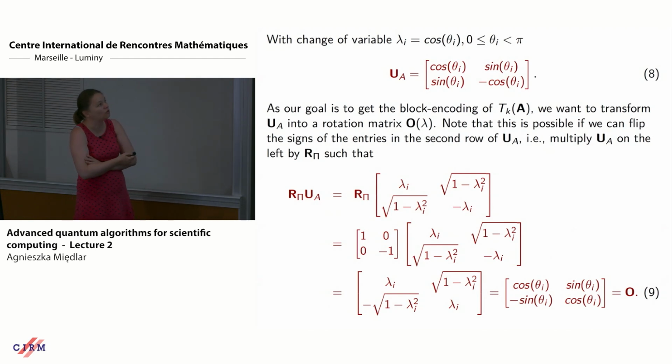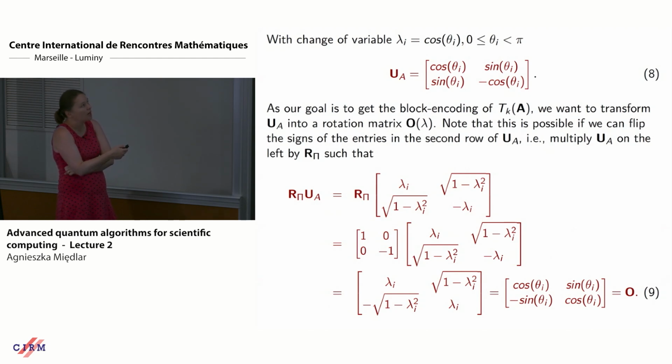So now our goal is to figure out what type of transformation we have to apply to get a rotation matrix, because if I get a rotation matrix, then I can get my Chebyshev polynomial evaluated in matrix A. For this 2 by 2 example, I can easily figure it out, and this has to do with change of basis and reflection. It's a general statement, but I have my reflection matrix, and I need to apply something to it such that I will get my rotation matrix.